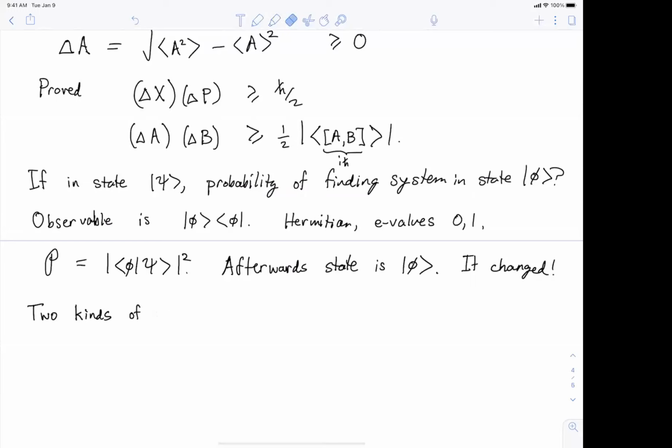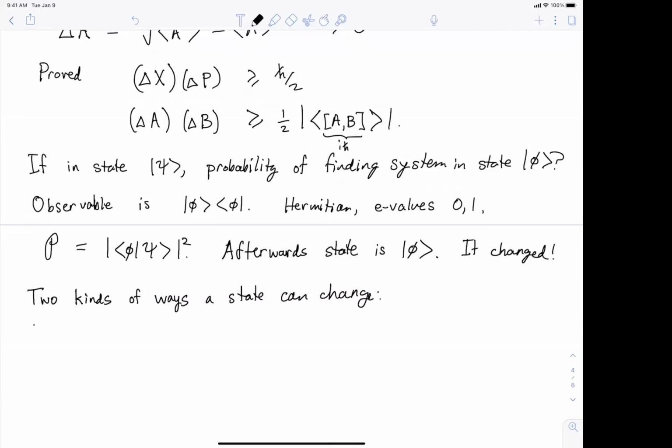I was misquoting myself. So there are two kinds of ways a state can change. I want to emphasize that these are incontrovertibly different, and there's no way that you can put them together into a single way. One is measurement.